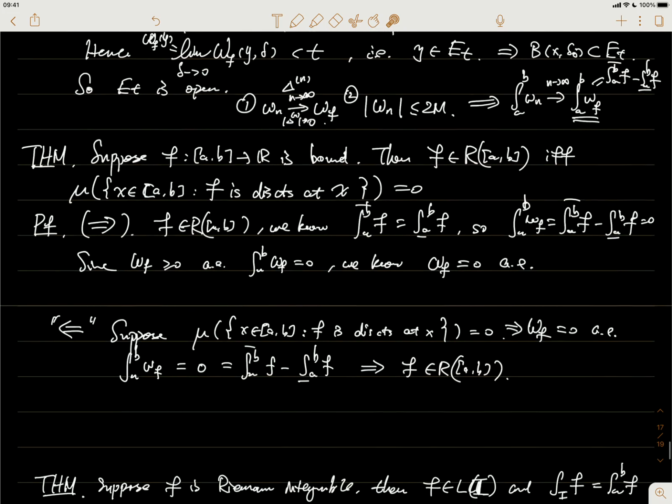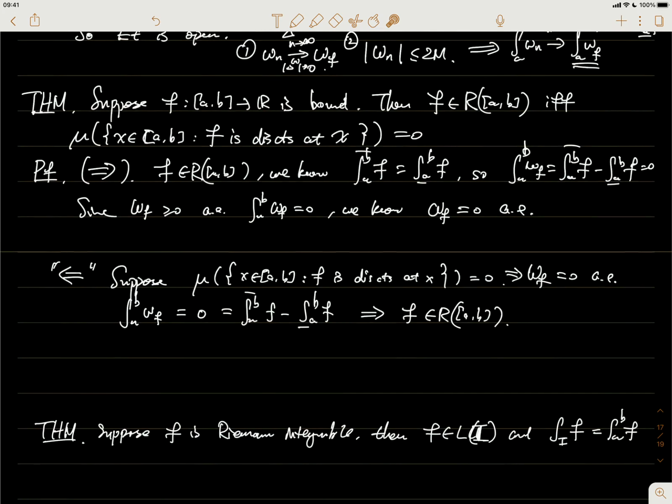So that's why we can extend WF to the closed interval and still get this. And that's the beauty of Lebesgue theory: if something happens on a measure 0 set, then you don't care. It doesn't change the integral or whatsoever. Okay, so that's one result.